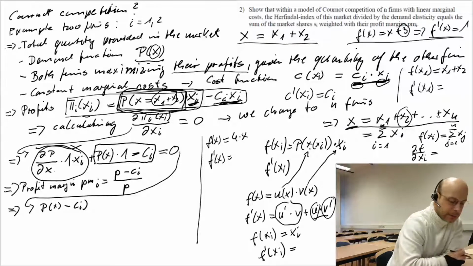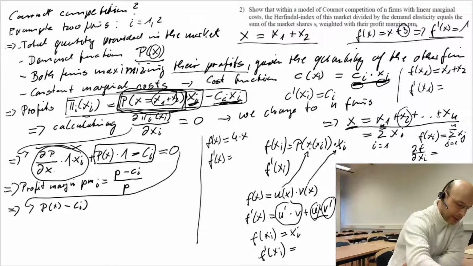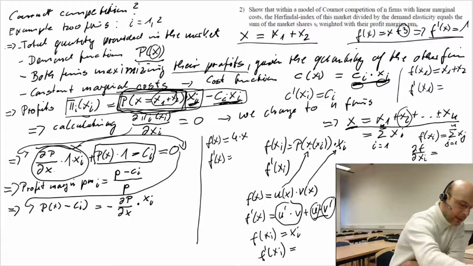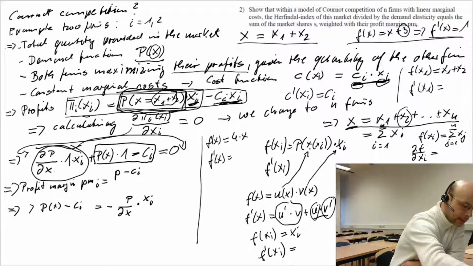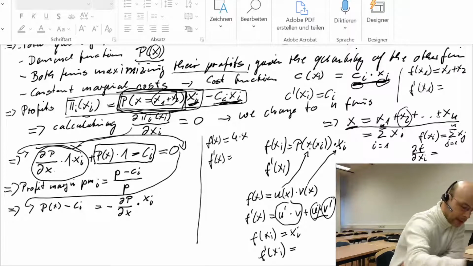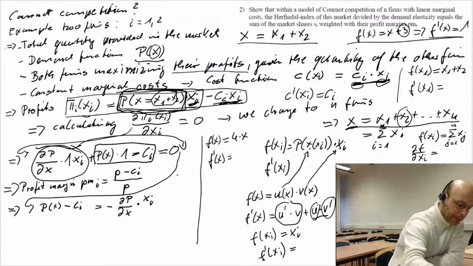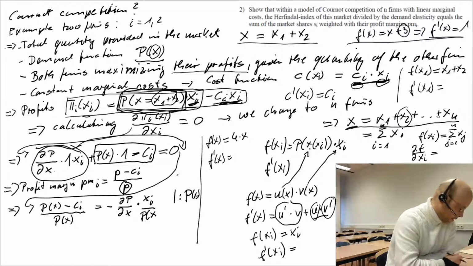This part we have to put on the other side, so equals minus dp over dx times xi, and now in order to get the profit margin, we have to divide both sides by P of x.